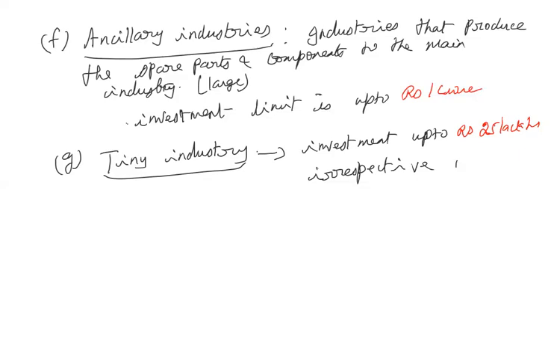At that time, there were some requirements mentioned on where it should be established, only in a location where the population is minimum 1 lakh or something like that. So the population restriction was there before establishing a tiny industry. But now that is removed. That's why it's irrespective of the location. Anywhere it can be located now. So anyway, the capital limit is up to 25 lakhs.